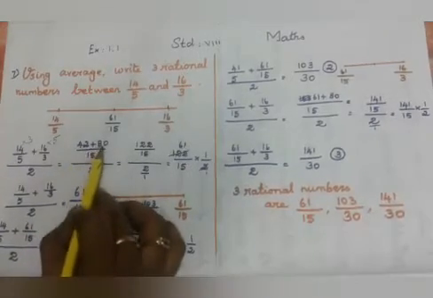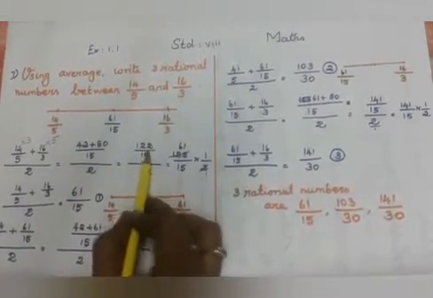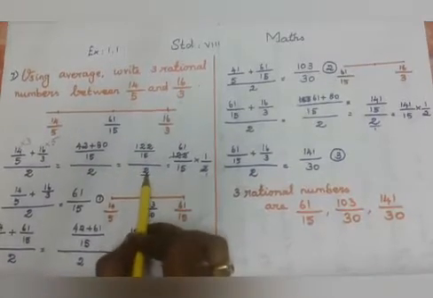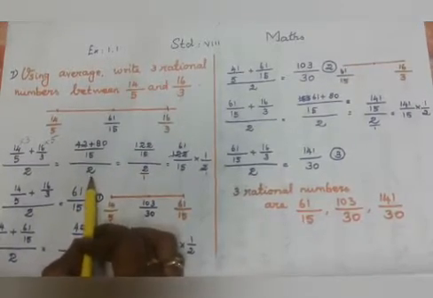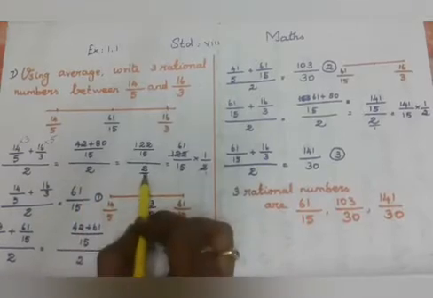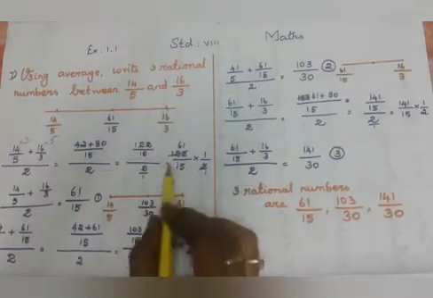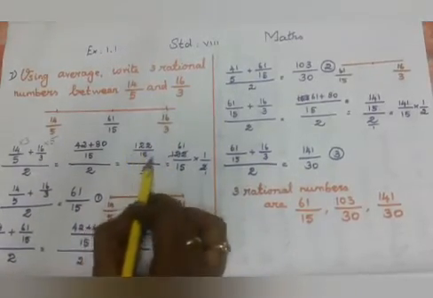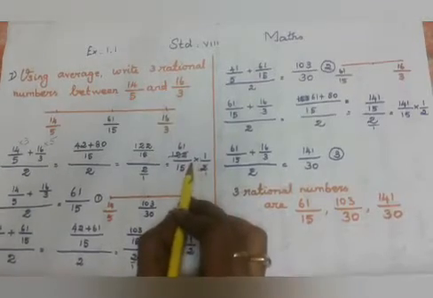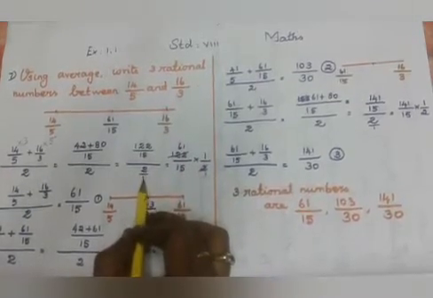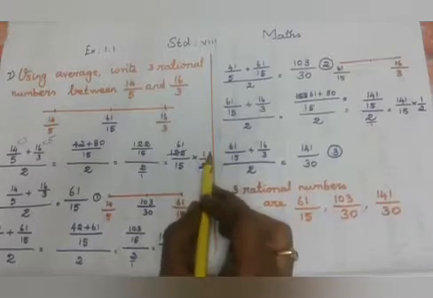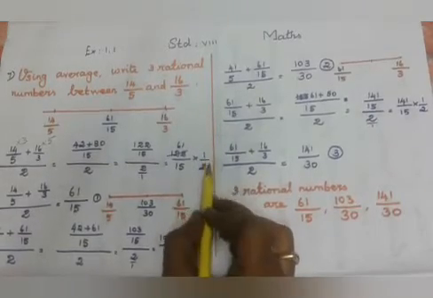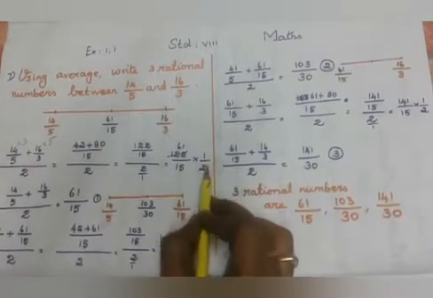So 42 plus 80 is 122, divided by 15, divided by 2. Where there is no denominator, it means divided by 1. Therefore the denominator is 2 by 1, which is 122 by 15 into 2 by 1, converted into its reciprocal. It turns upside down, so divide becomes multiply and 2 by 1 becomes 1 by 2.